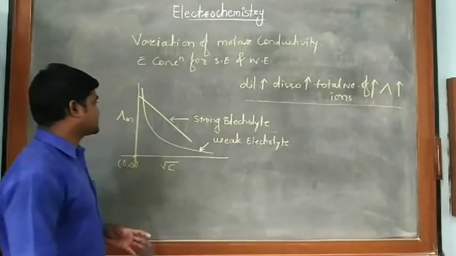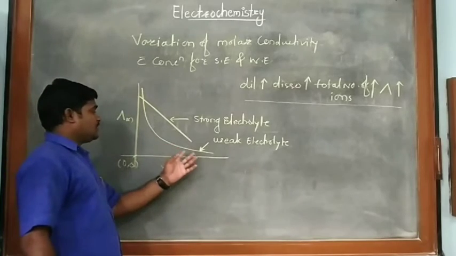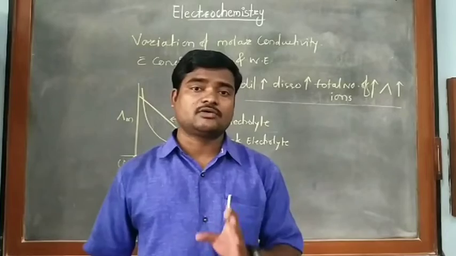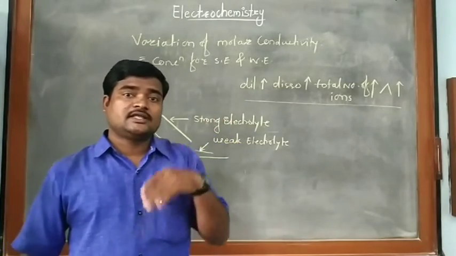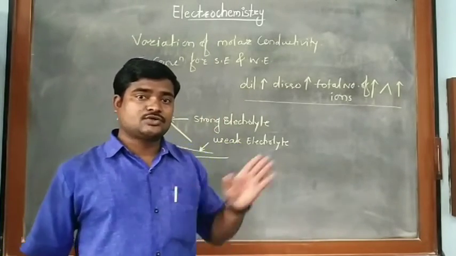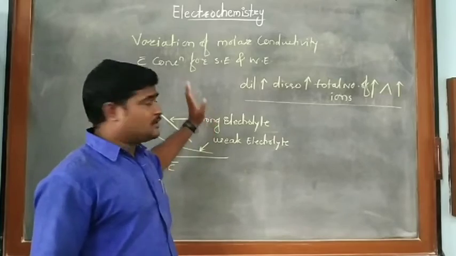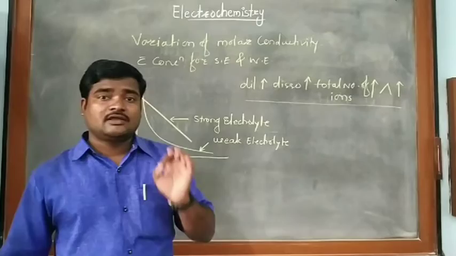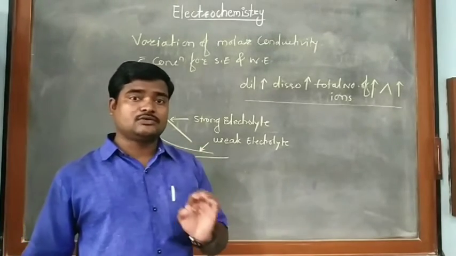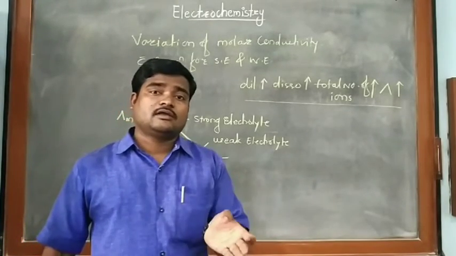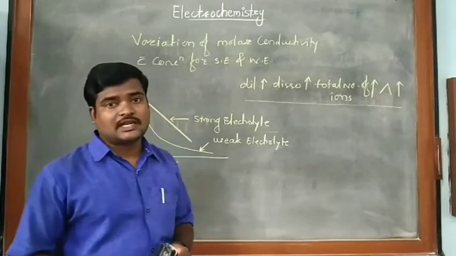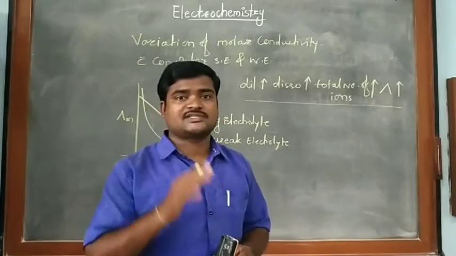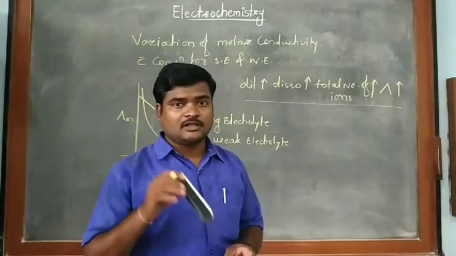These two curves represent how their nature will be if we increase the dilution for strong and weak electrolytes. Instead of increasing dilution we can also say decreasing concentration. Both terms have the same meaning.